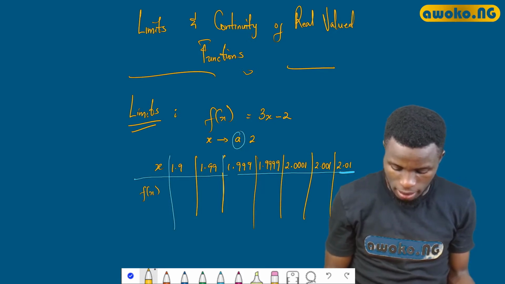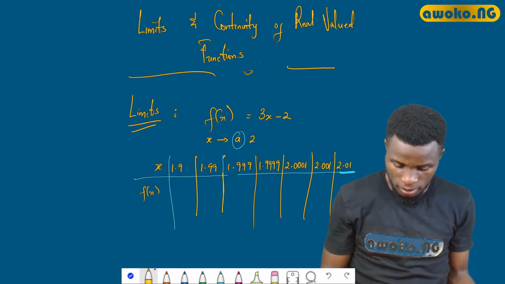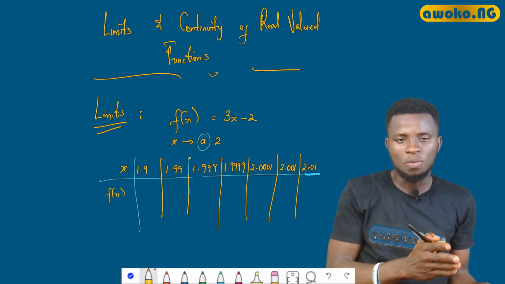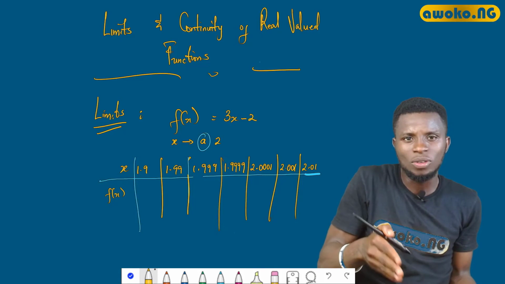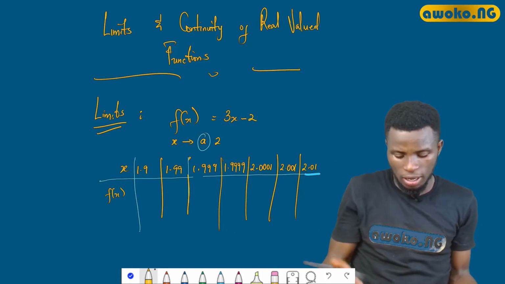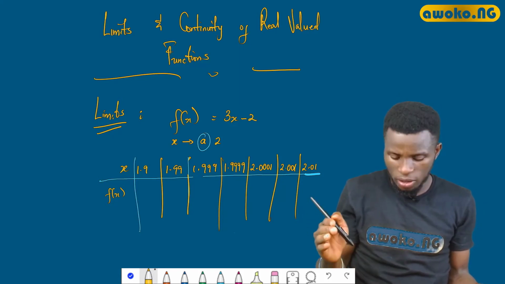Now let's say these are the values we have, okay? Now, you realize that we add some values approaching 2, but as soon as we get to a value very close to 2, we stop and jump to the other side by having 2.001, 2.01, and so on and so forth.